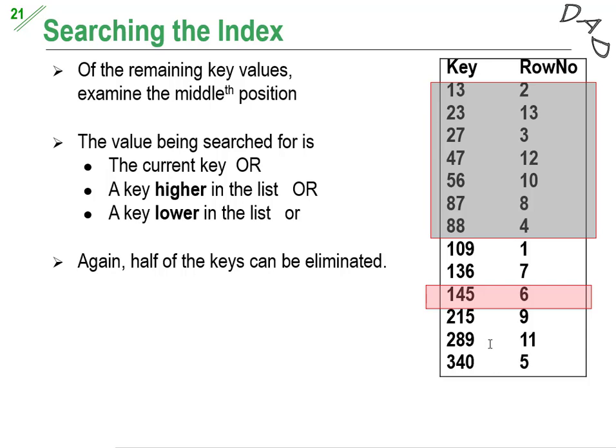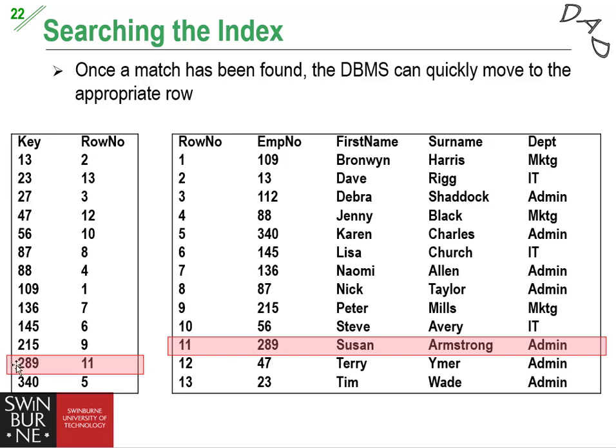Now number 289, once it goes to this location, number 289 is the key that we are looking for. So once it has located the number 289, it will search the original table to find the address of that located key.